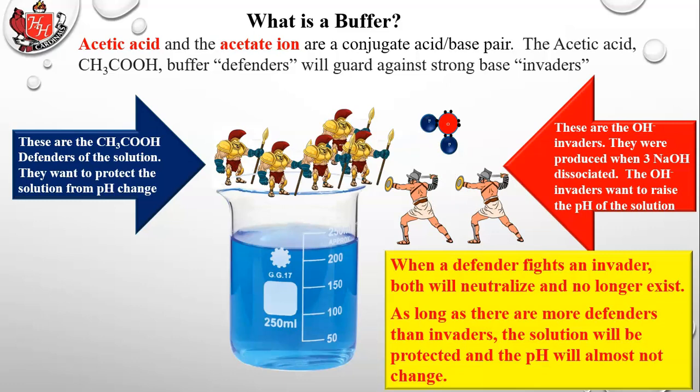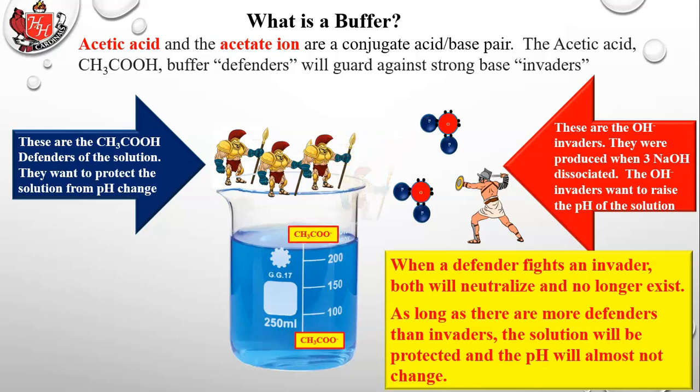Now, what happens to the defender that just fired the cannonball? That was an acetic acid minus the proton, so it becomes an acetate ion in the solution. Now here comes another invader. Another cannonball from a defender. There it goes. Turns that hydroxide into a water molecule. Perfectly harmless, perfectly neutral, won't change the pH. The defender, though, becomes an acetate ion and goes into solution.